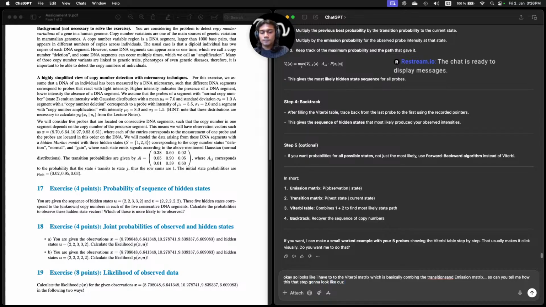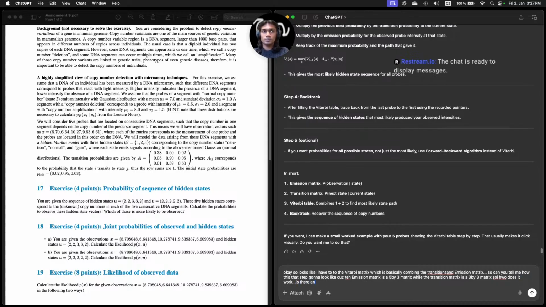Because the emission matrix is a 5 by 3, while the transition matrix is a 3 by 3 matrix. So how does it work? Is there a formula involved?